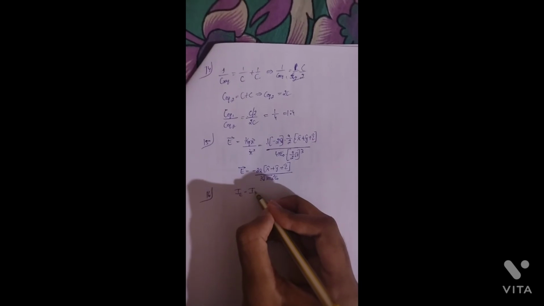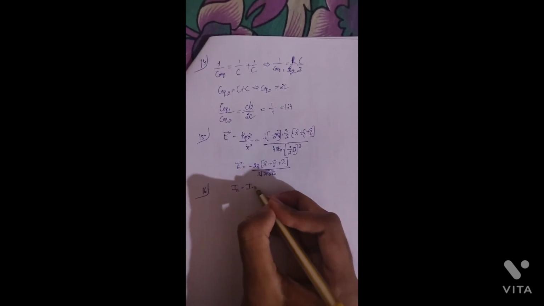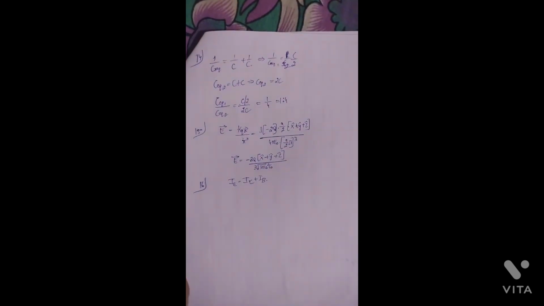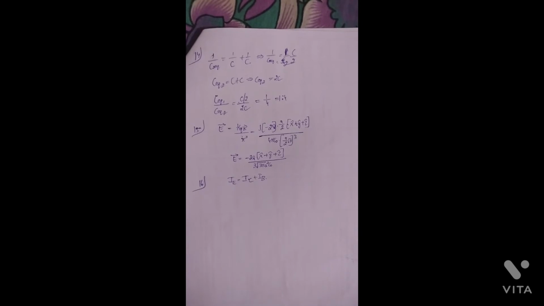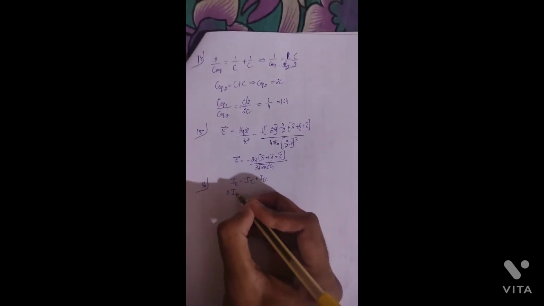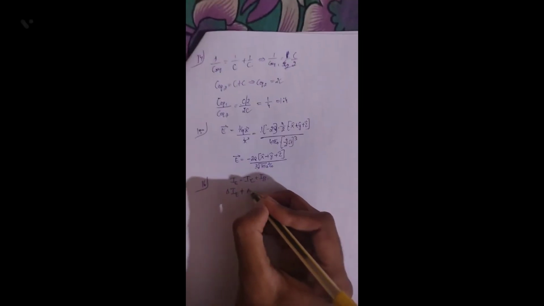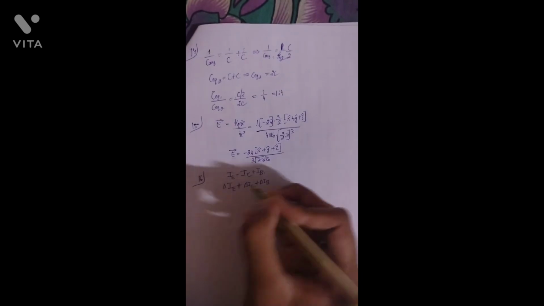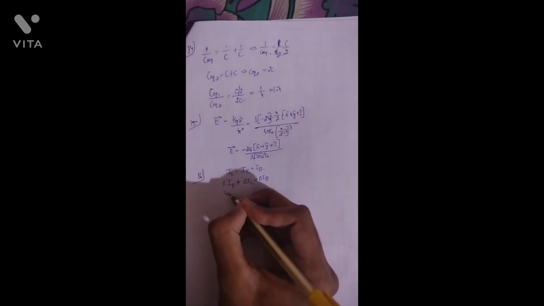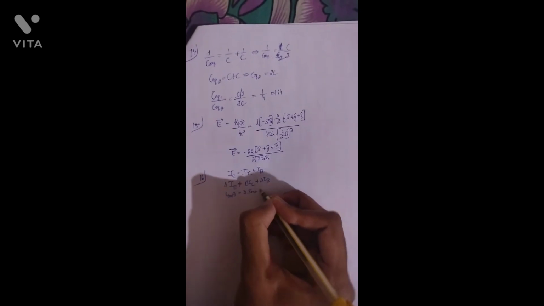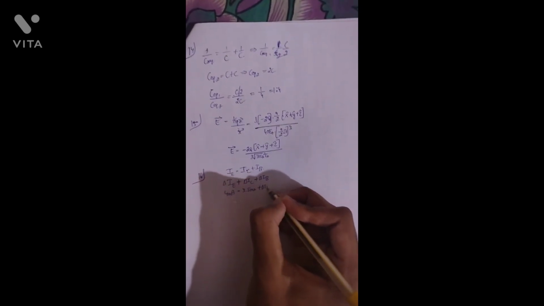One is the emitter current, and another is the collector current. So delta IE is equal to delta IC plus delta IB, and 4 mA is equal to 3.5 mA plus delta IB.